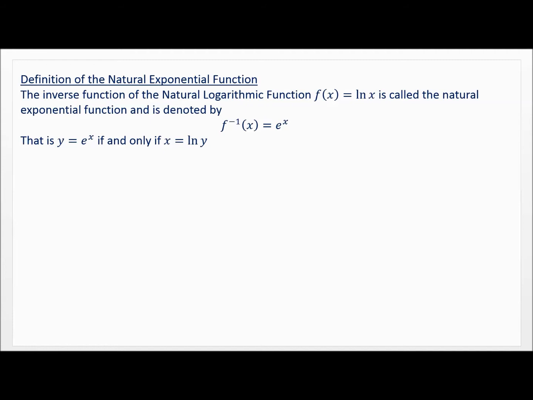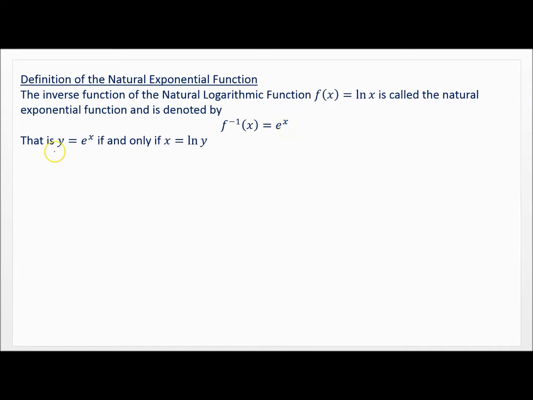The inverse function of the natural logarithmic function, and you remember the natural logarithmic function, remember the definition we gave a couple of sections ago, is called the natural exponential function, and you've seen it before. It's denoted as f inverse of x, where f of x is natural log of x, of course, is e to the x power.